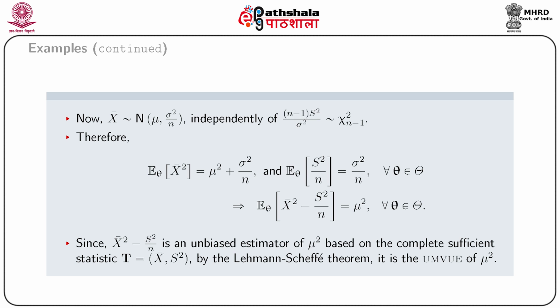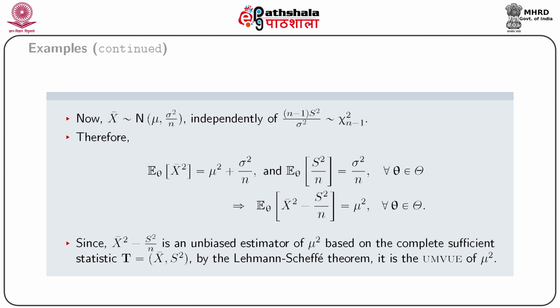Therefore, X bar square minus S square by n is an unbiased estimator of theta square. Since it is a function of the complete sufficient statistic T, by Scheffé's theorem, X bar square minus S square by n is the UMVUE of theta square.